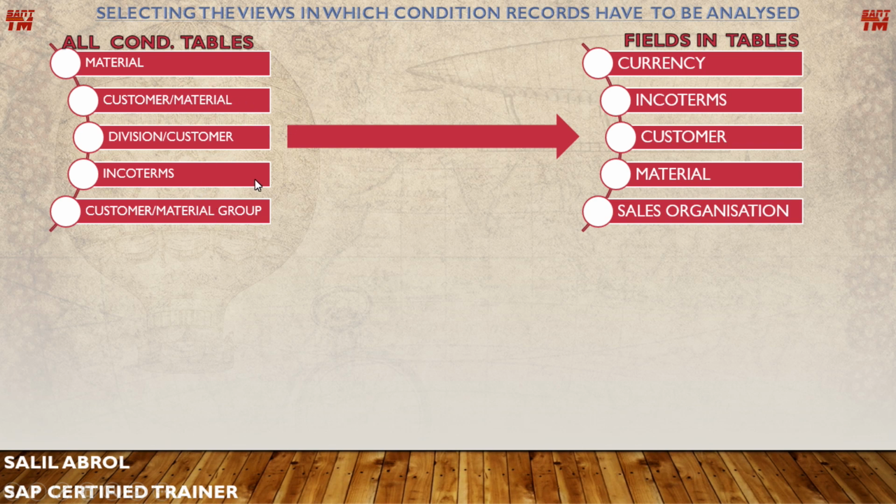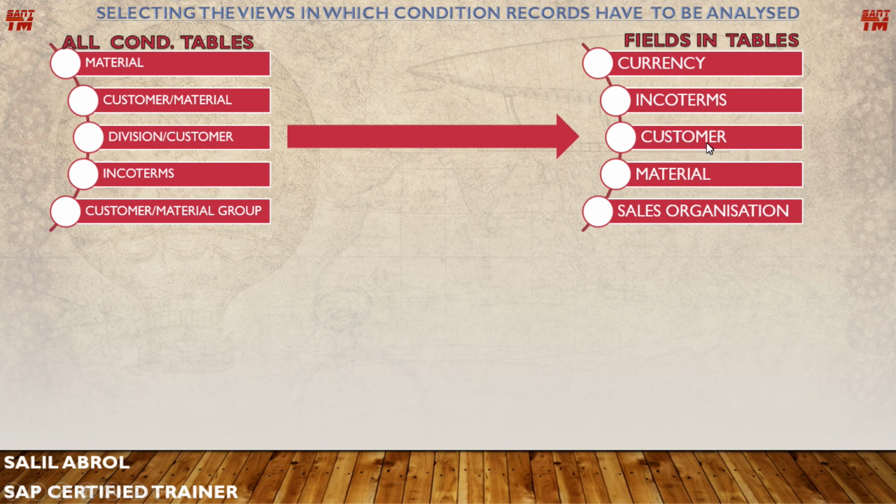Similarly, in every table there are many columns, and I am restricting myself to a specific field in that table, that means a specific column in that table. Here I have defined that one field can be currency, which must exist in this Incoterms table, and one field can be Incoterms, which may exist in the Incoterms table itself.